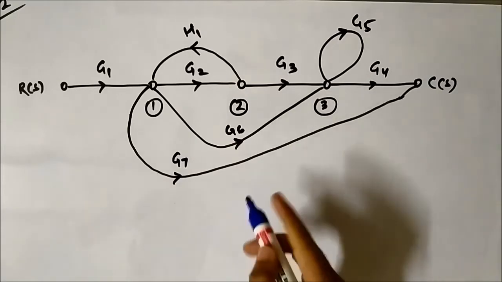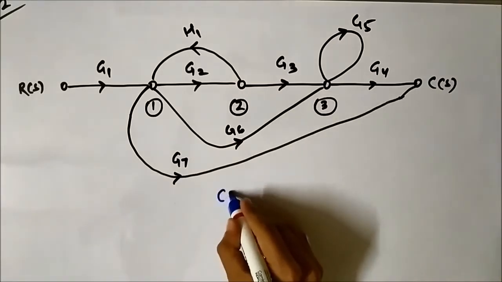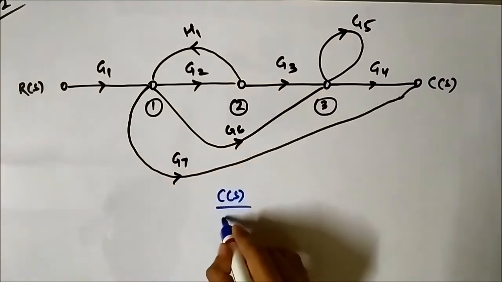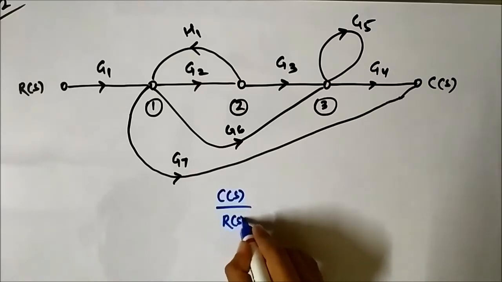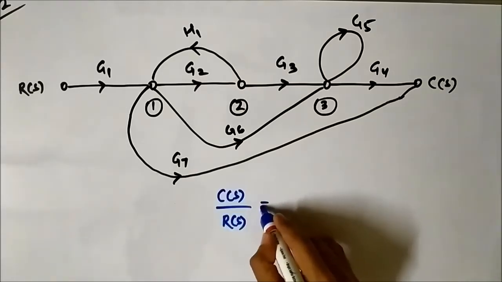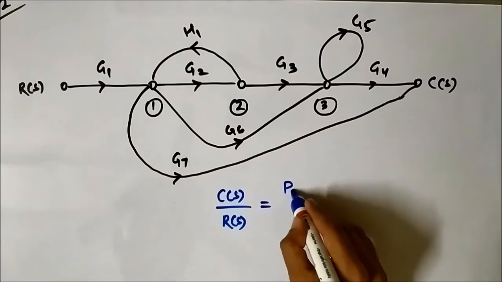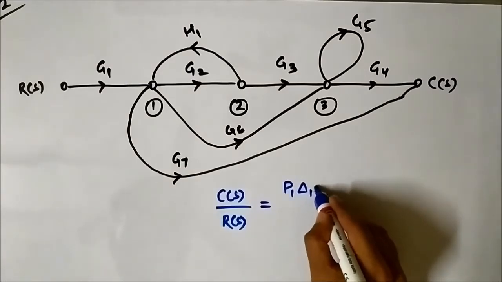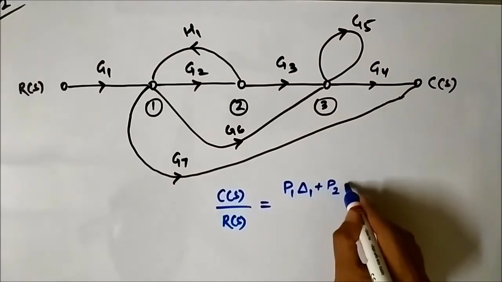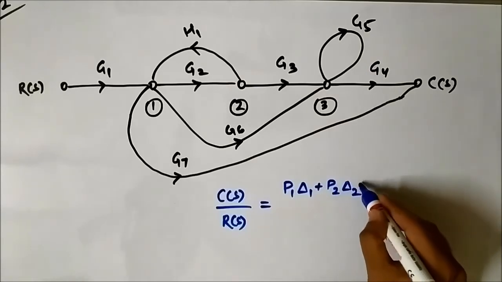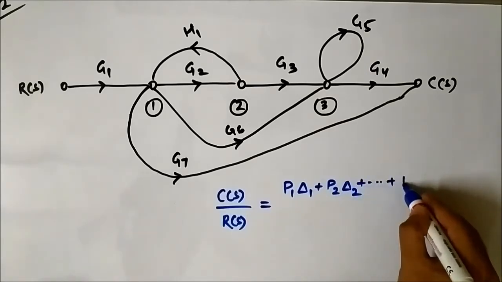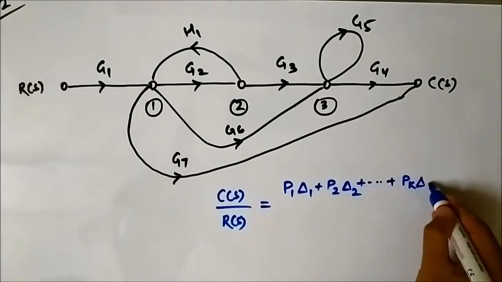So Mason's gain formula states that the transfer function Cs by Rs is given by P1 delta 1 plus P2 delta 2 plus ... Pk delta k, divided by the graph determinant delta.